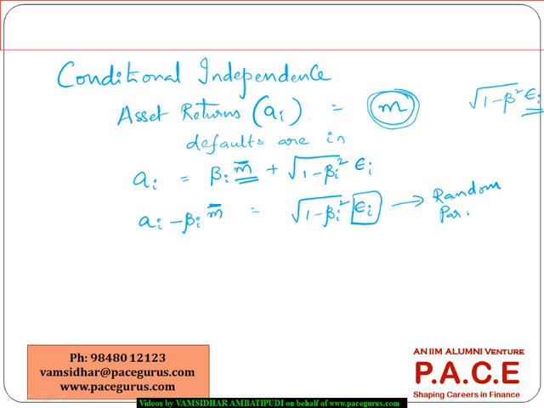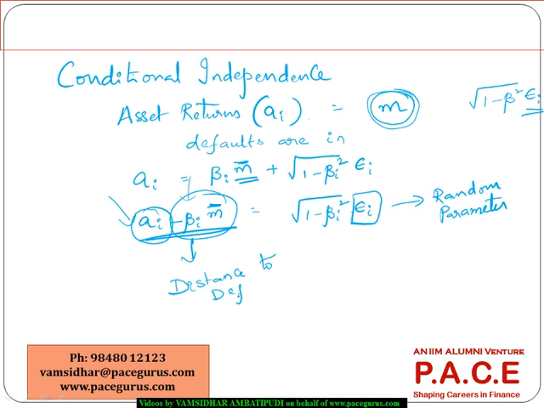And what we are seeing on the other side, AI minus beta I M, is the distance. AI is the actual single asset return, and beta I M is my expected asset return. The difference between them is what gives me the distance to default.